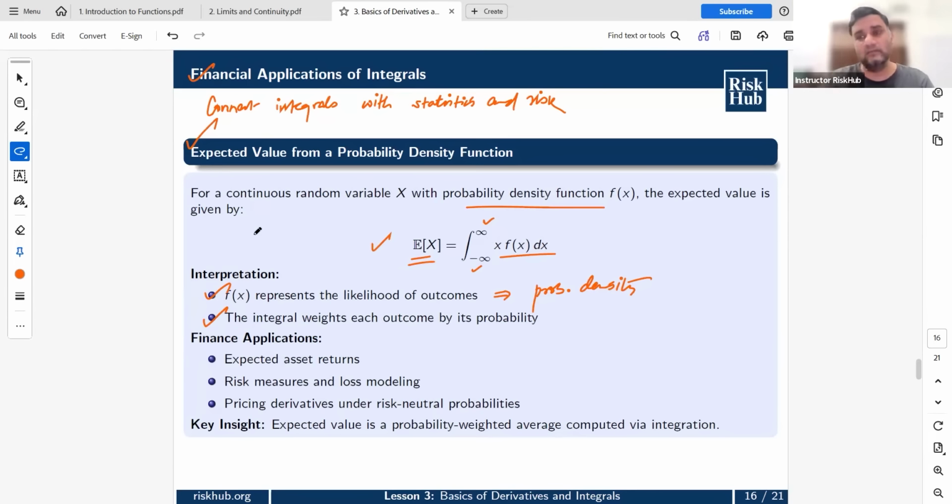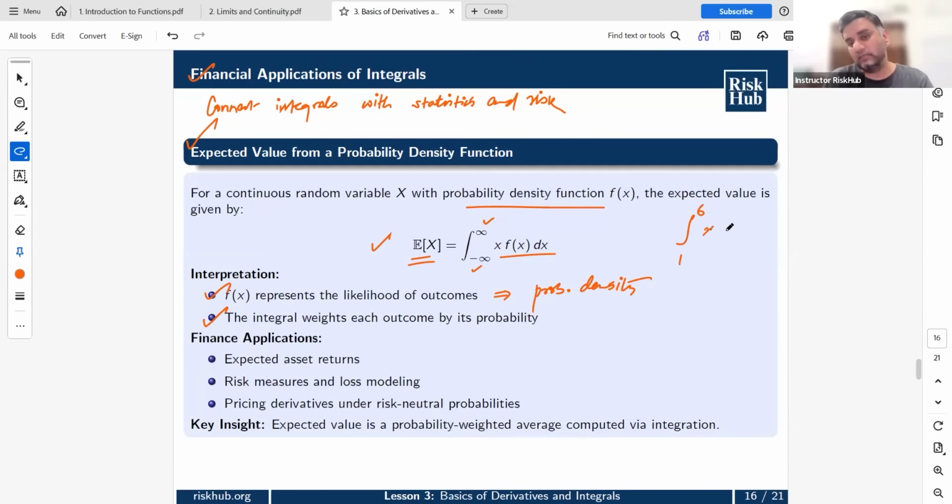See, expected value is not exactly a concept of mean. Expected value is what we would expect to get if we carry out an experiment an infinite number of times. Just for example, let's say you roll a dice. Your possibilities are 1 to 6.